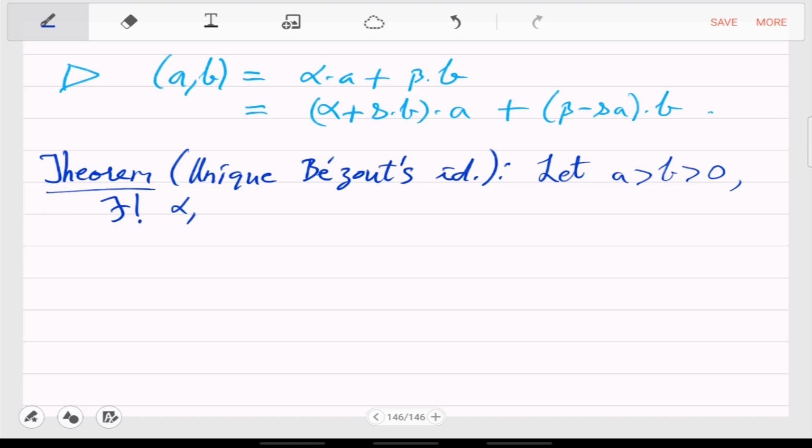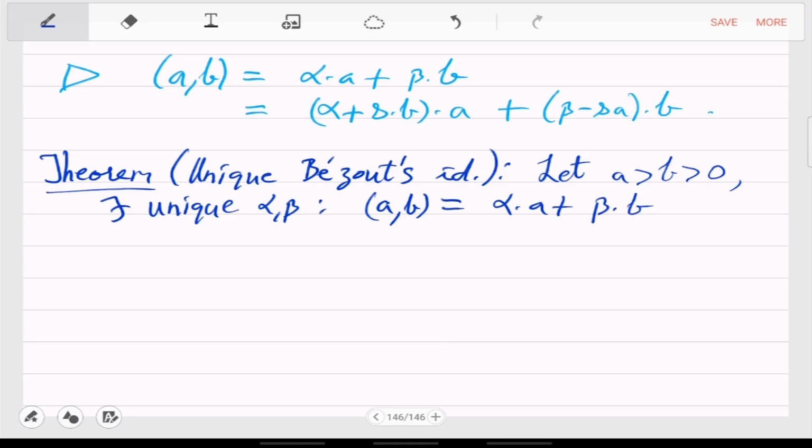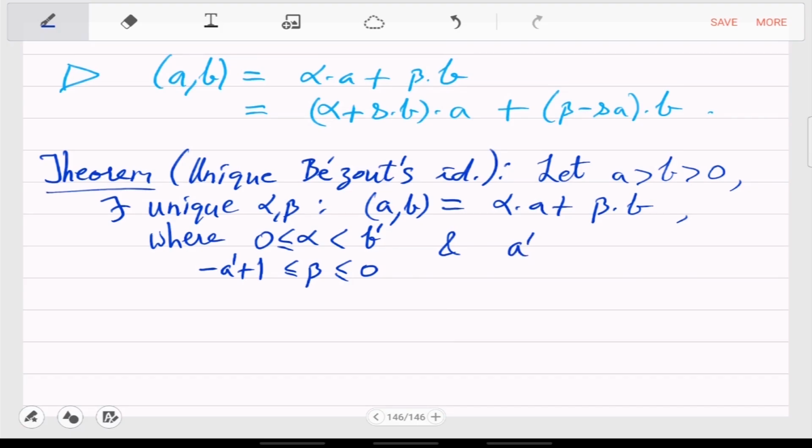Then there exists unique alpha, beta such that GCD is alpha A plus beta B. The conditions are, you say that alpha is less than B prime, beta is negative, minus A prime plus 1, and A prime is basically A divided by the GCD, and B prime is B divided by the GCD.